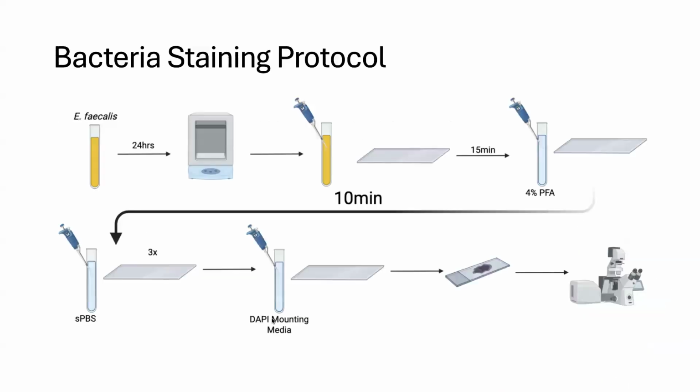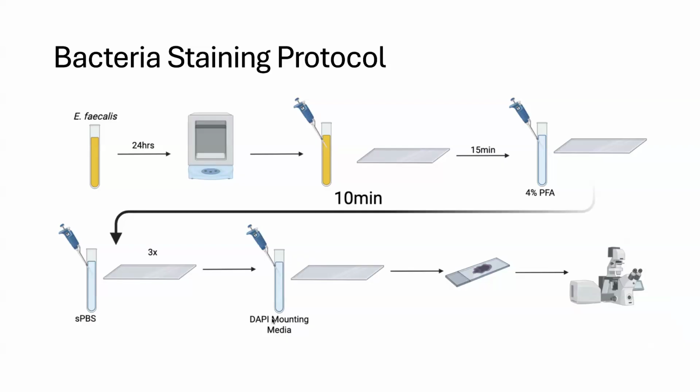So our first process was just to image the bacteria. So we took our E. faecalis culture and we grew it overnight in the incubator. We then took some of that culture and added to a poly-L lysine coated cover slip so that it can attach to the cover slip. We let that sit on the cover slip for 15 minutes at room temperature before we dried it off, and then added 4% PFA or paraformaldehyde, which fixes the bacterial cells in place.